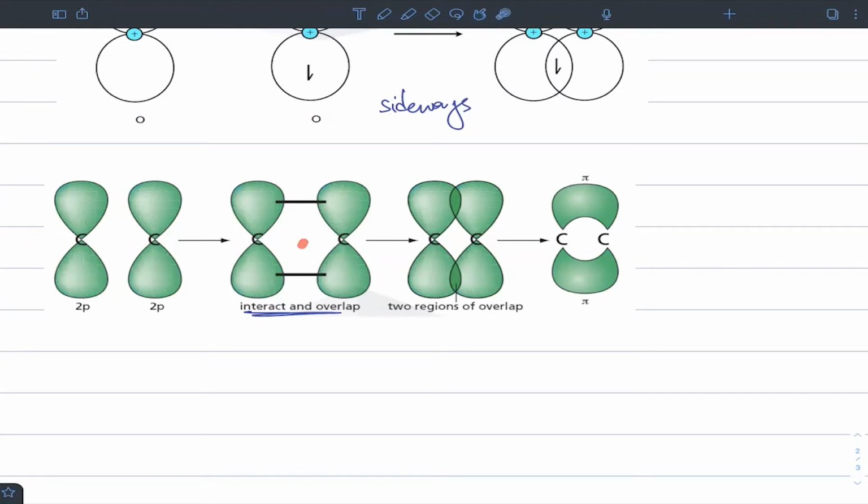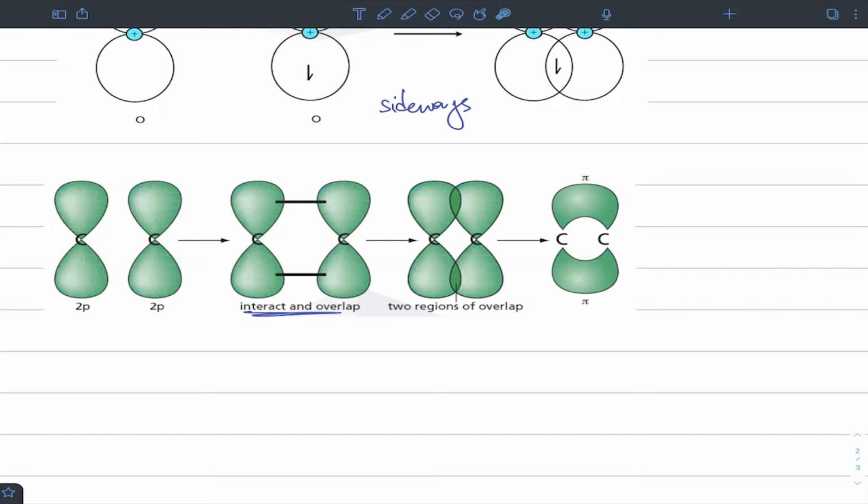So यहाँ पर आपके सामने they are overlapping in this region, and that region has now created a new orbital. So this is the new orbital that is happening because it's formed from this overlap of these. And this electron cloud, a new one, this, which we'll call a lobe, if you will. So this lobe has been made because of sideways overlap of these p electrons. So how would it look like if you were to look at it?